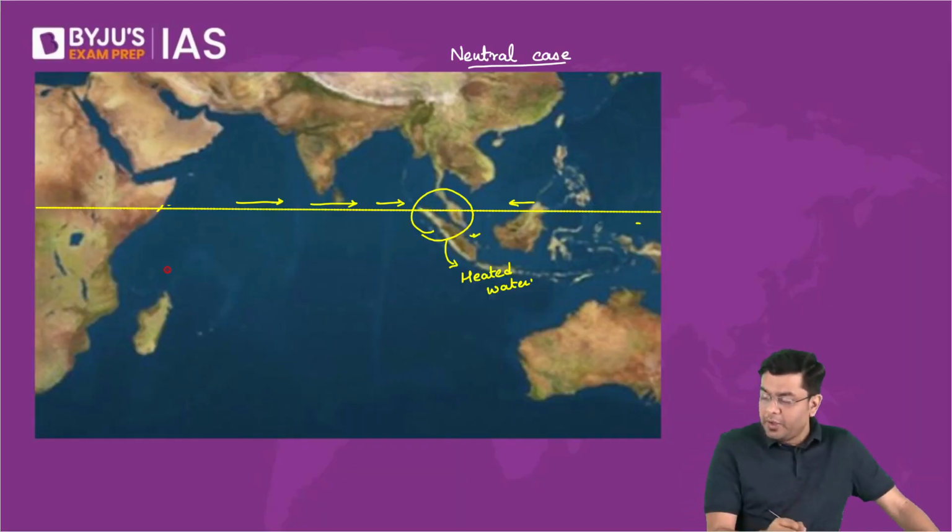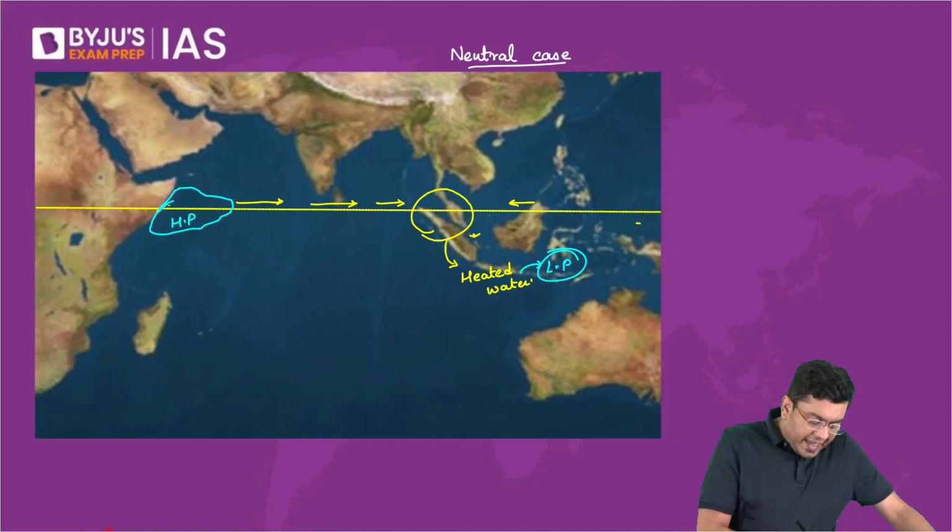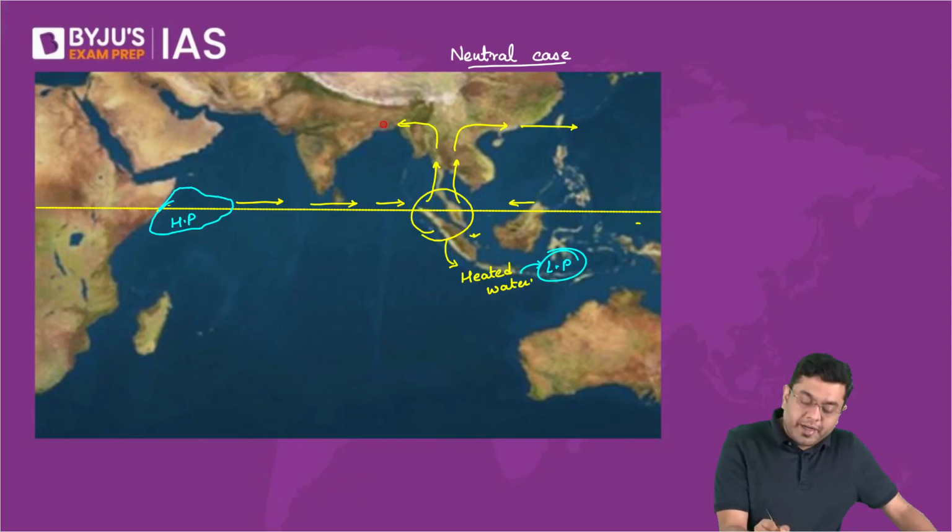So here you will experience upwelling because the winds are going to move offshore, attracted by that highly heated water. That heated water will create a low pressure. So that will create upwelling. So you will have colder waters here. So that will be your high pressure. So we will have a circulation of wind pattern here.